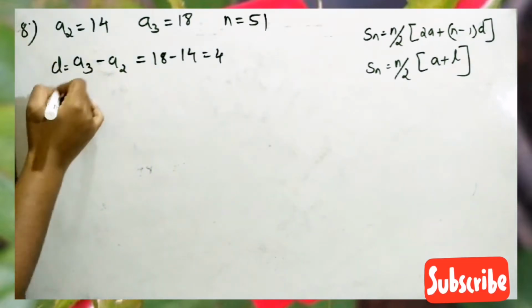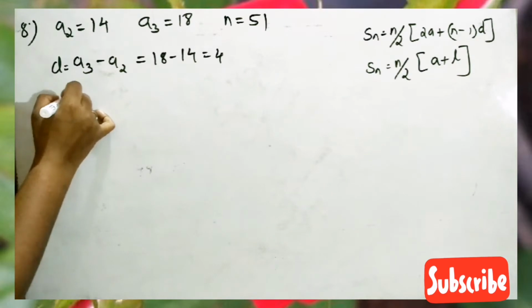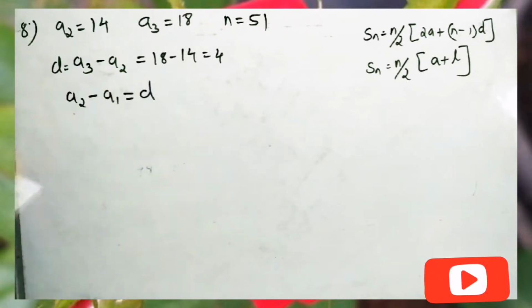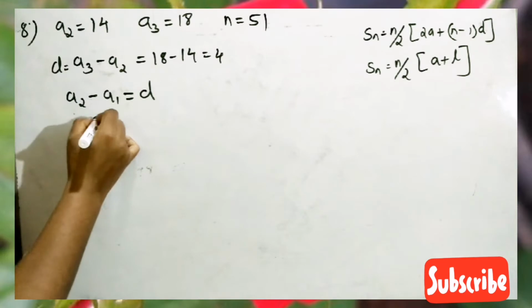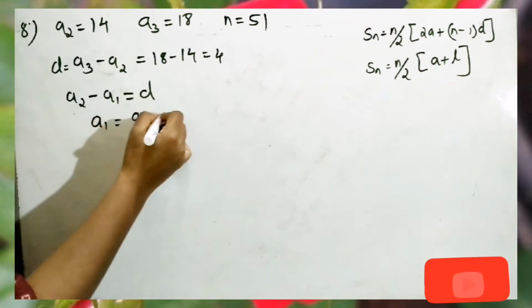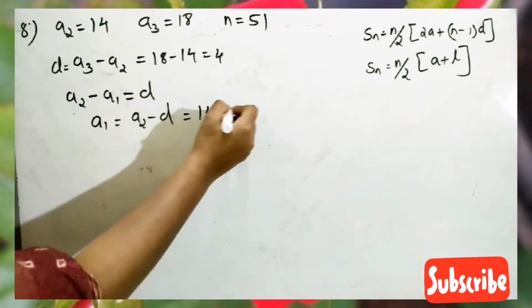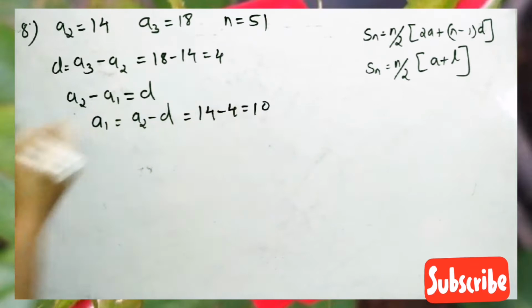Now A2 minus A1, that is equal to d. Then what is A1? A1 is equal to A2 minus d. That is 14 minus 4 is equal to 10.